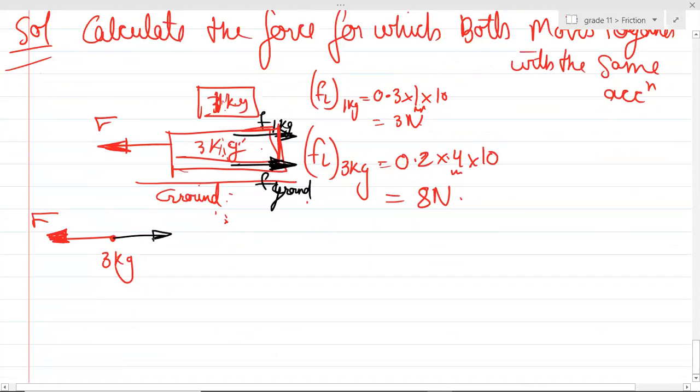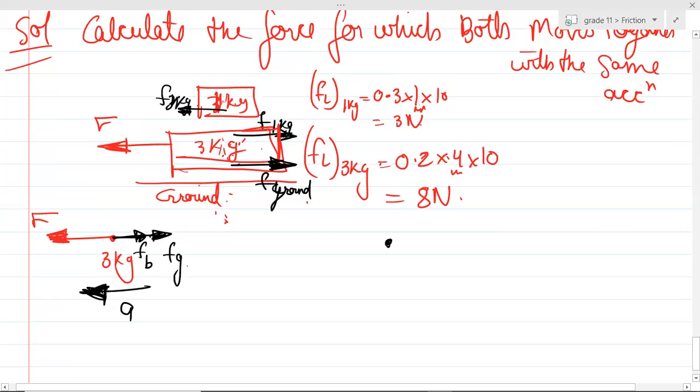So F1 will be acting, F ground will be acting, and even F block will be acting in the backward direction, right? And let's say the object accelerates in this direction with an acceleration. The same thing, even our 1 kg block. Can you see this friction acting, friction due to 3 kg?